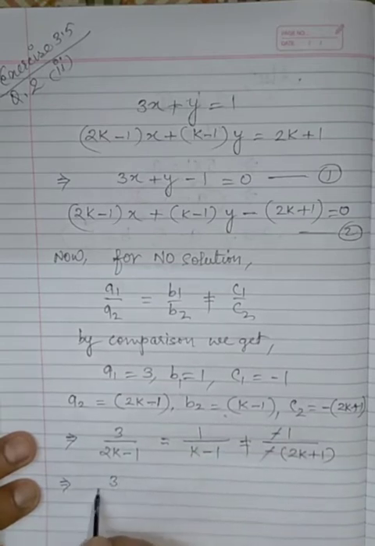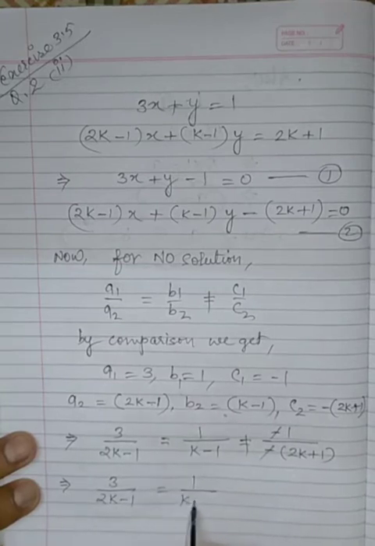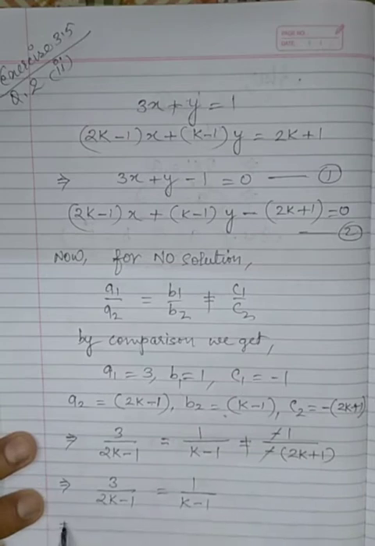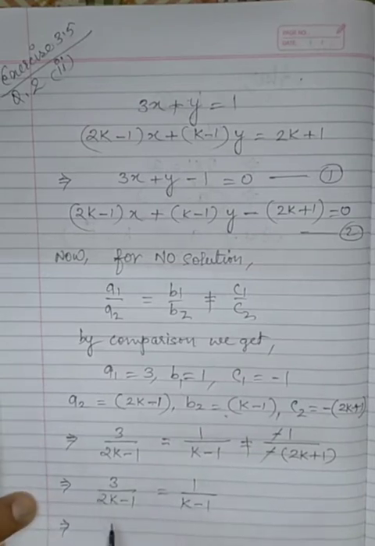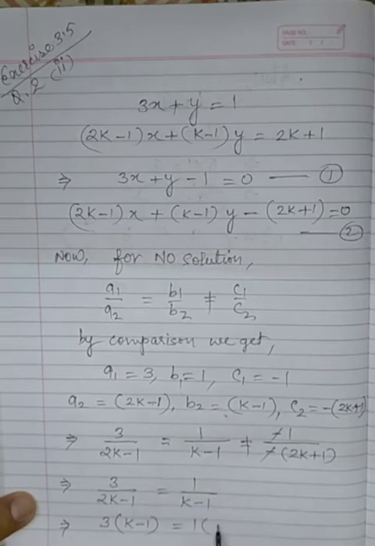So 3 upon 2k minus 1 is equal to 1 upon k minus 1, and by cross multiplying, 3 into (k minus 1) is equal to 1 into (2k minus 1).